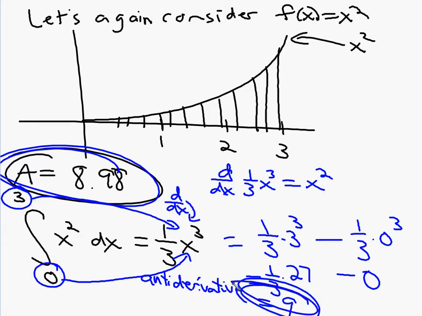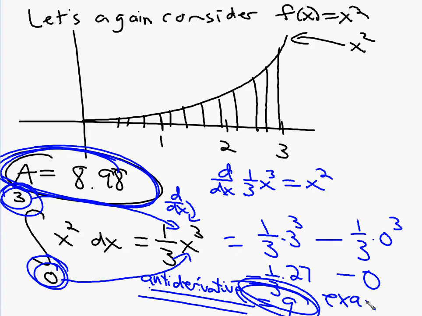We estimated the area, and we did a pretty darn good job that day and found out that it was 8.98. Finding the antiderivative and then plugging in the limits of integration will give me an exact area. And that's the whole point for finding an antiderivative.